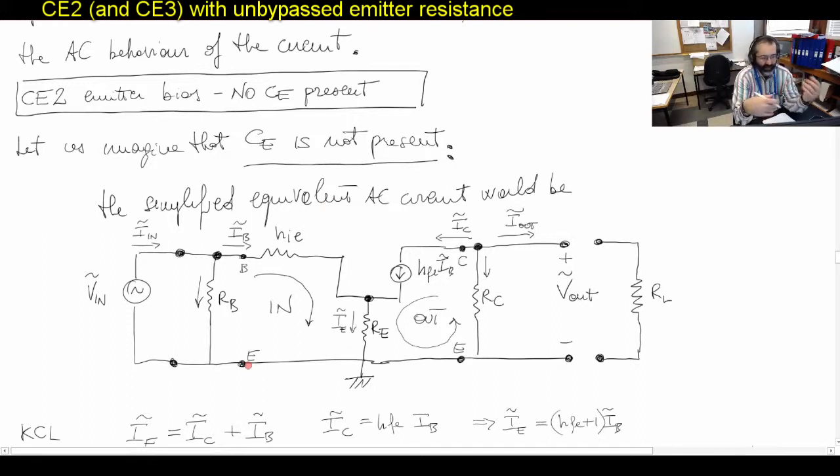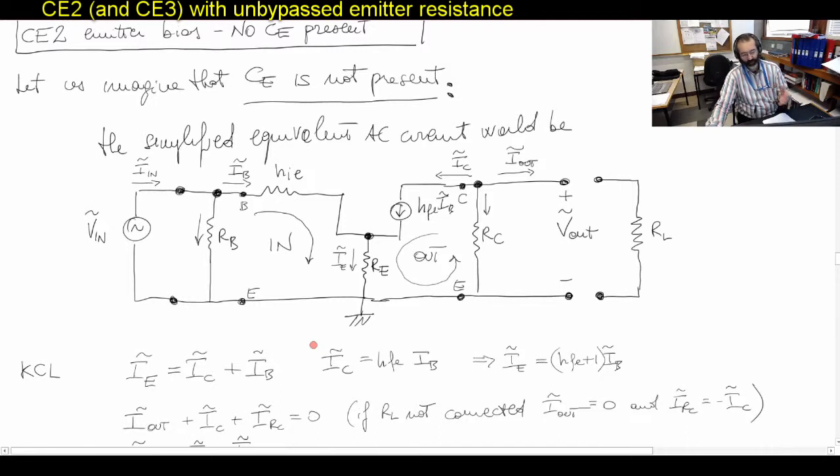The analysis here is a tiny bit more complicated, just because now we have RE here, and so we need to take IE into consideration in our analysis. We need to consider this node, and so on. I don't want to make this analysis too complicated. As I said, I'm doing this as a nice curiosity, but there is a very important result behind it.